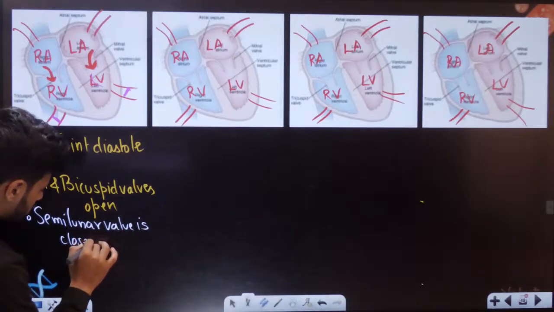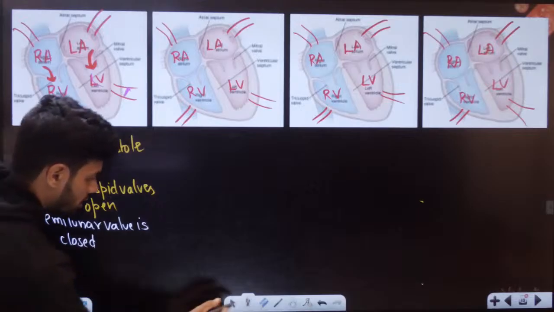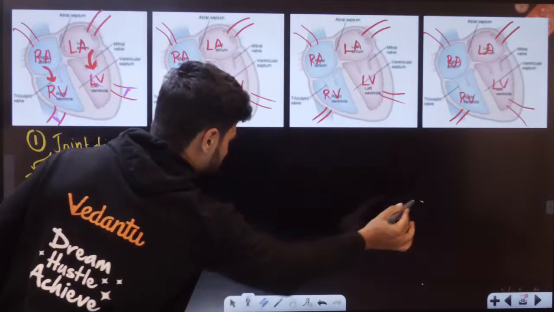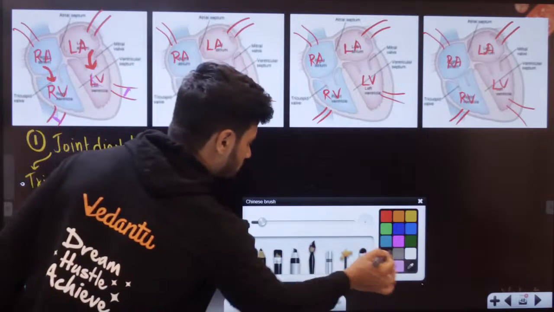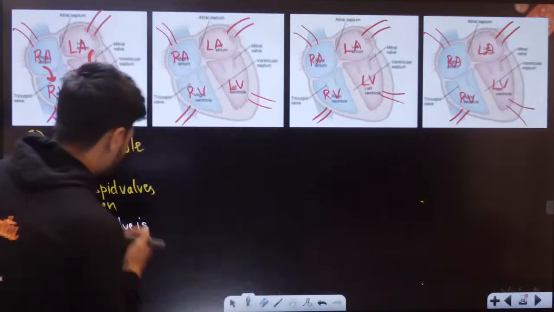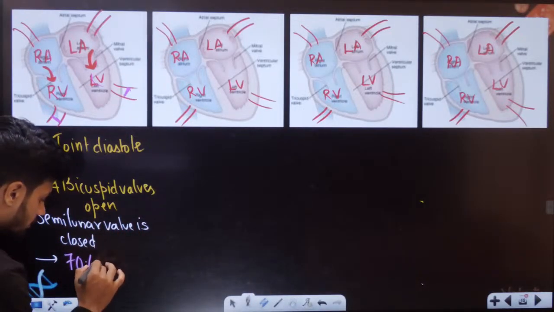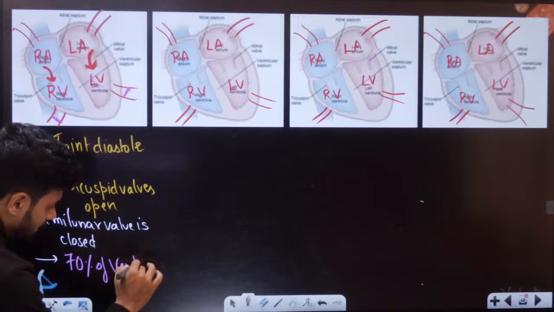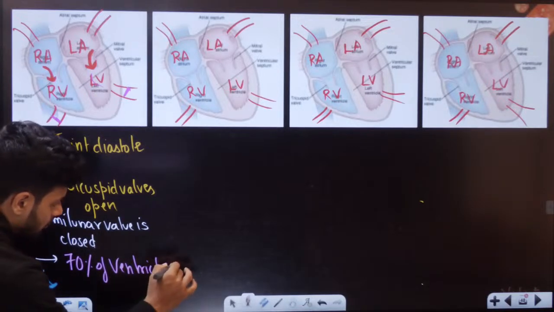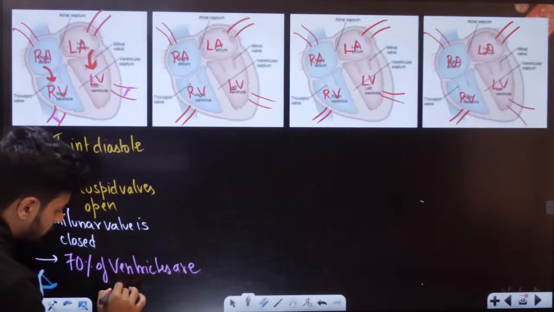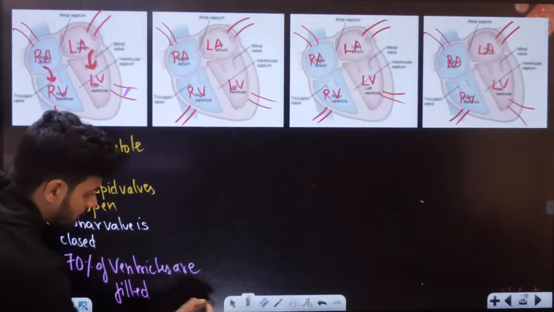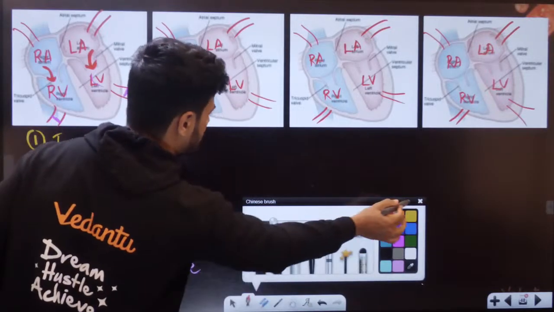So, in this condition, what happens? In this condition, 70% of the ventricles are filled with blood. 70% of ventricles are filled. They're completely filled up here. So let's draw. Let's fill them up.